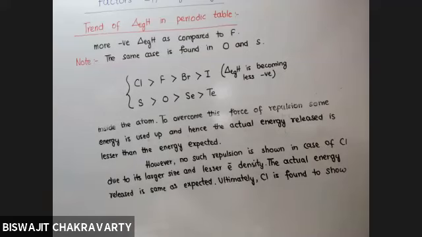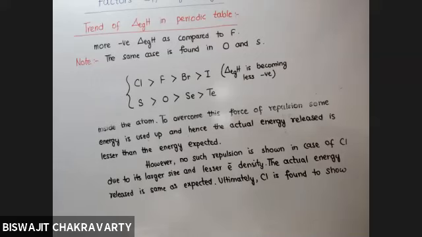So after today's discussion, we have come to the conclusion that those who are highly non-metallic have high negative delta EGH, isn't it? Yes, sir. Because non-metallic property is measured on the basis of its desire to accept electron.